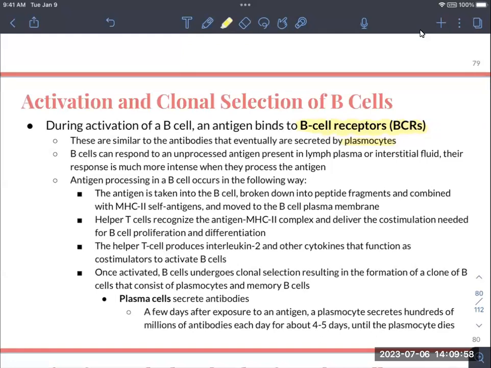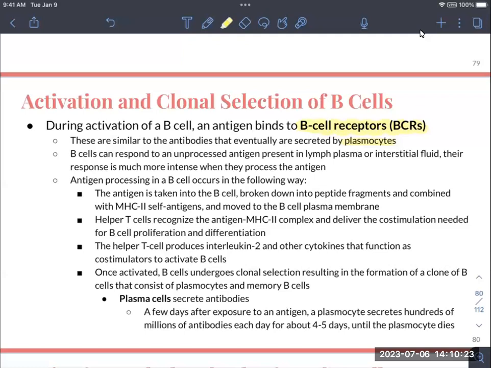Helper T cells are going to recognize that antigen. They're going to co-stimulate more B cells to divide, proliferate, differentiate. These helper T cells produce interleukin 2 that co-stimulates and activates those B cells.